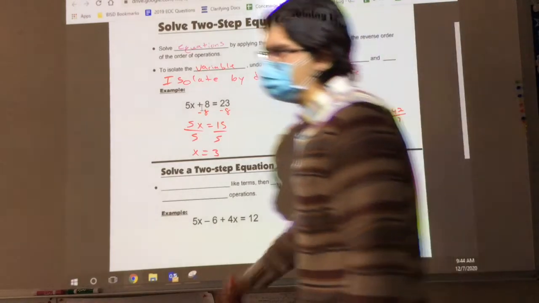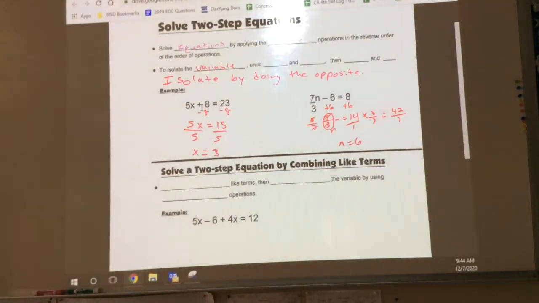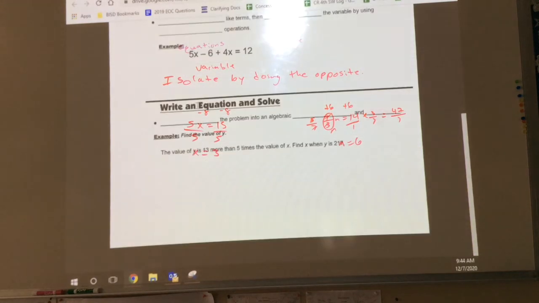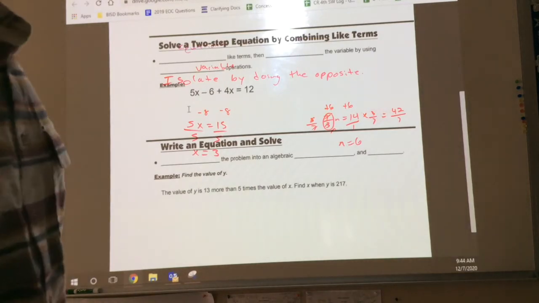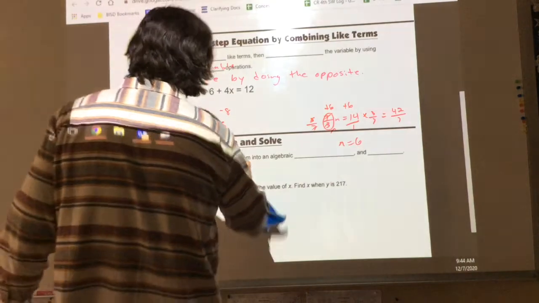All right, I'm going to scroll down so we can look at what it looks like when we have 2 variables in the problem. Okay, so this one's called solving a two-step equation by combining like terms. What does it mean if I say like terms? Same terms, right?